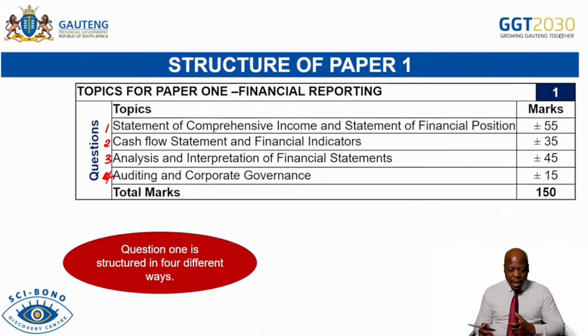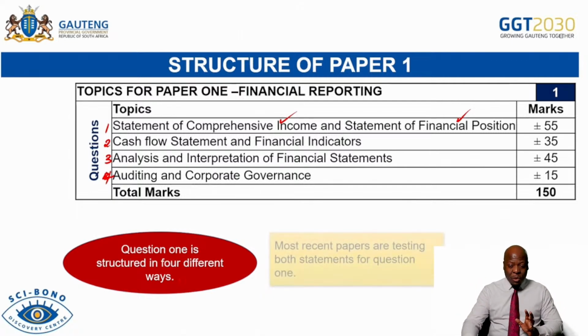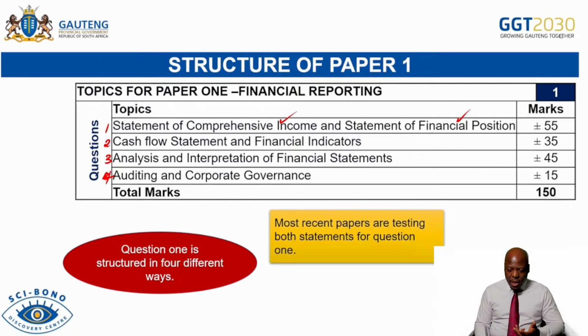And the first option is whereby you have the statement of comprehensive income and together with the statement of financial position. So this is where you are given information and you must prepare the statement of comprehensive income in relation to the statement of financial position at the same time. And you see that in the most recent papers, this is what has been tested. That is both statements in question 1.